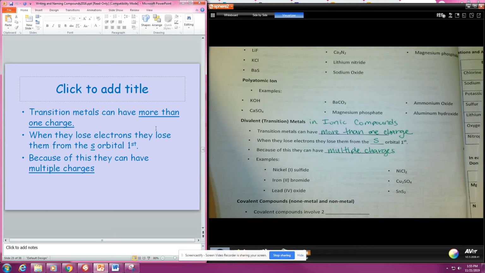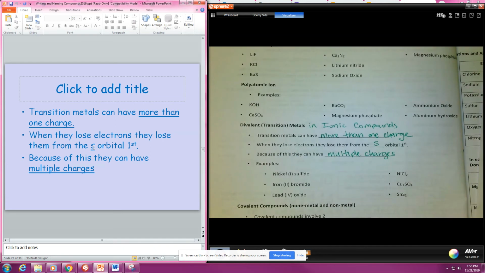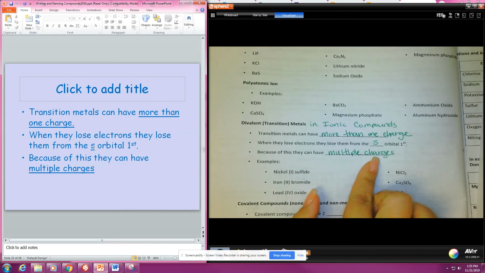So here's where we start writing. It's in blue, so we're in the booklet. Transition metals can have more than one charge, and they get that charge by losing electrons from the s orbital. And then transition metals can have multiple charges.